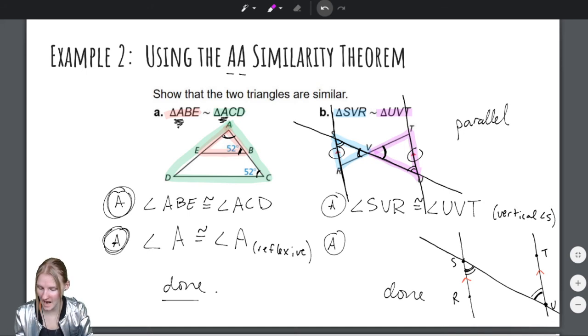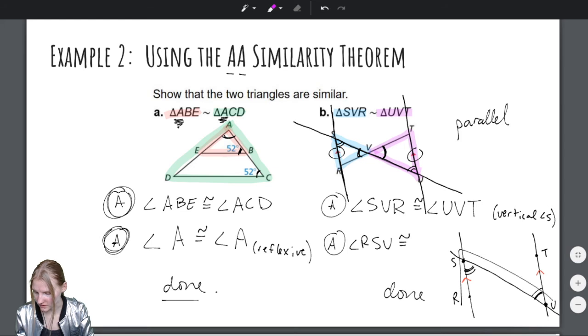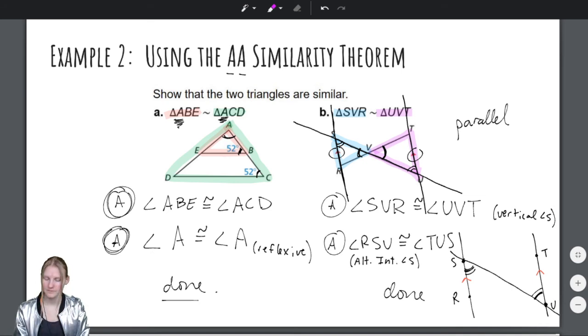Okay, so now we know that angle RSU is congruent to, to make this a little bit shorter, angle TUS, because they are alternate interior angles.